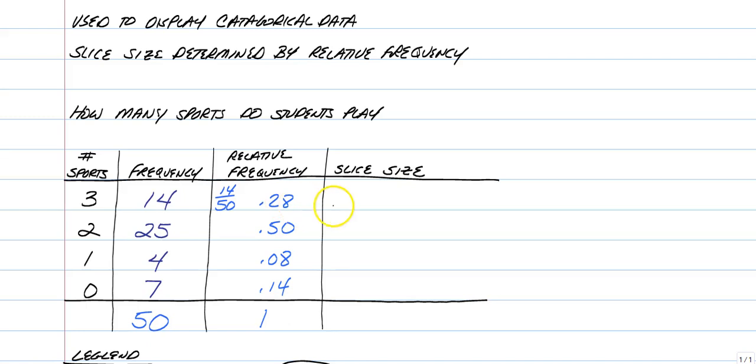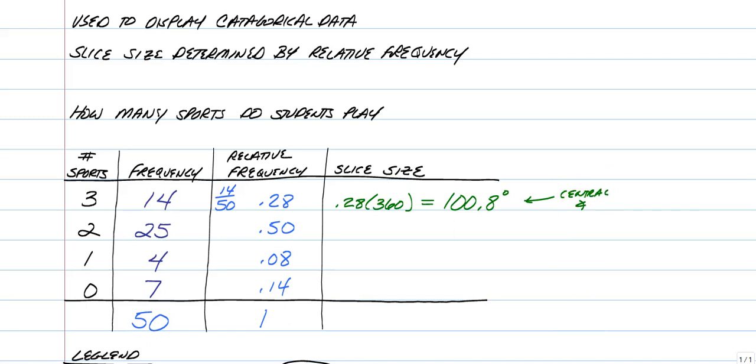To find the slice for students that play 3 sports, you would multiply 0.28 times 360 degrees, and that would give you a central angle of 100.8 degrees. Again, this is the central angle, and we will talk about that again when we start creating our pie chart.